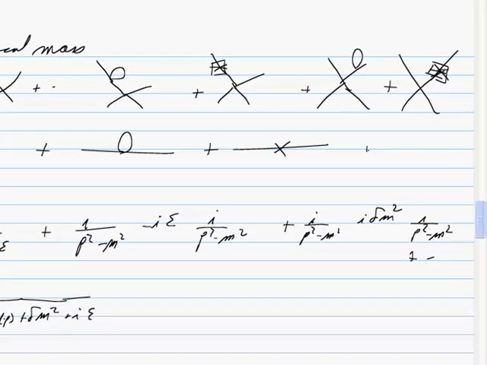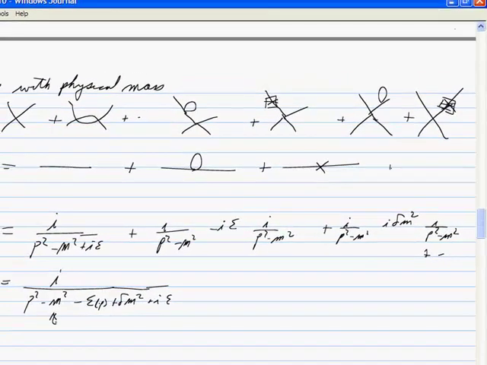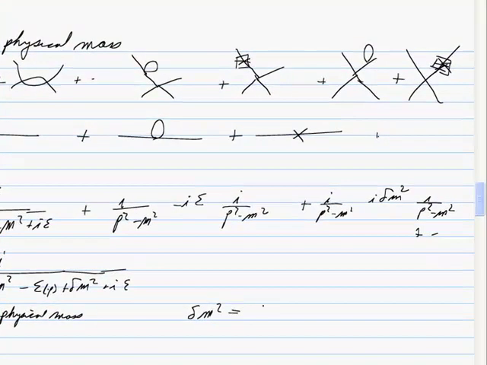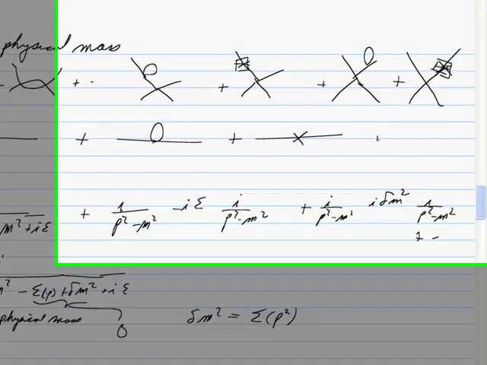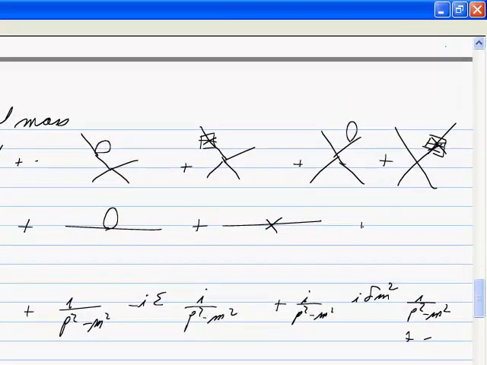But now, this is already the physical mass. And so if that's the case, then we identify delta m squared as sigma of m squared, so that those guys sum up to 0. Now my propagator has the right pole in the right place, and that should be sigma of m squared.